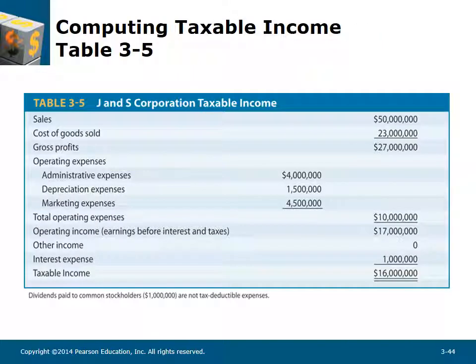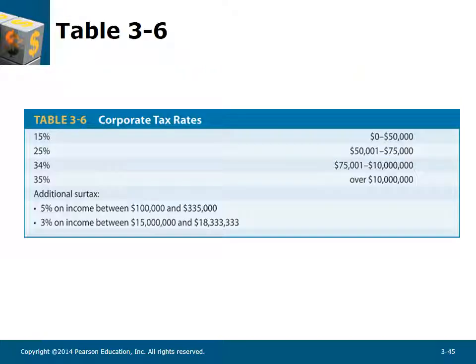Now, this company's taxable income is $16 million. So we find that after subtracting all the expenses except for taxes. We then apply what we call corporate tax rates. And what this is saying is these are the ranges of dollar amounts that are taxed at each percentage.